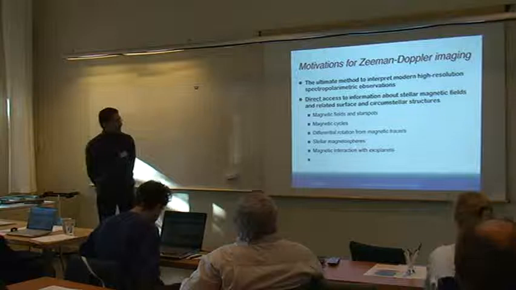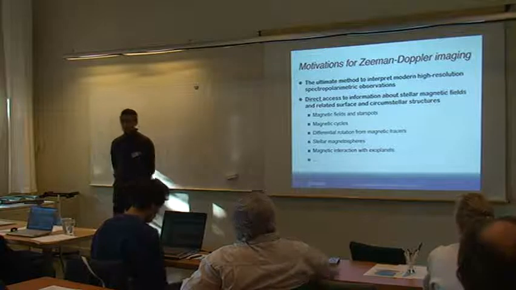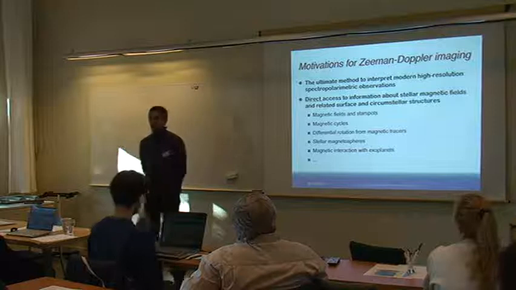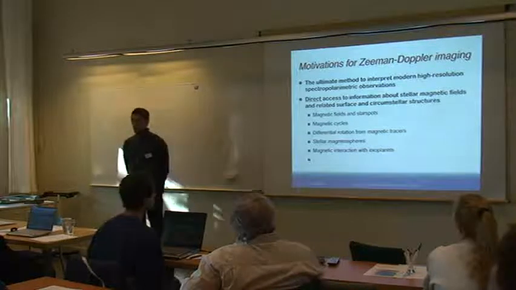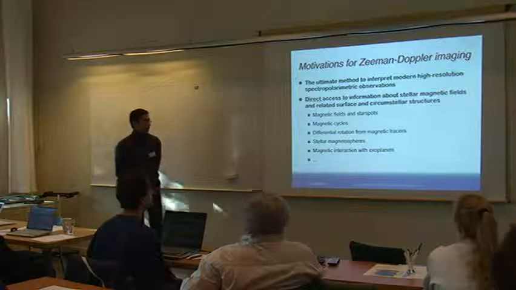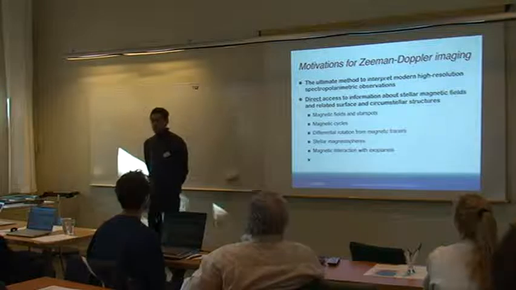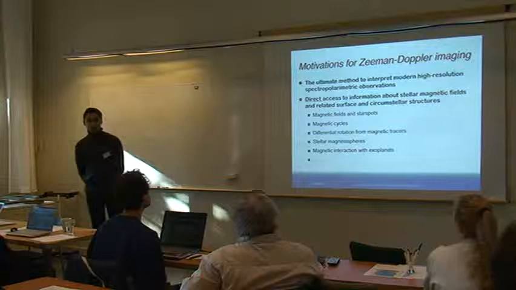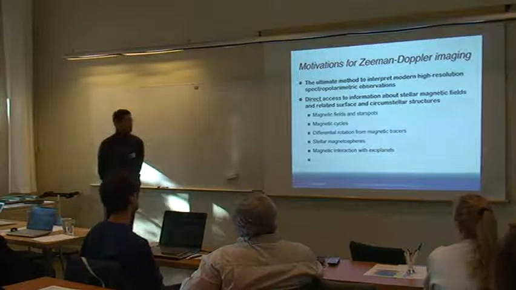So basically, Zeeman Doppler imaging is the best method to interpret high-resolution spectropolarimetry of stars, and together with Doppler imaging, it's one of the highest resolution methods in modern astronomy.